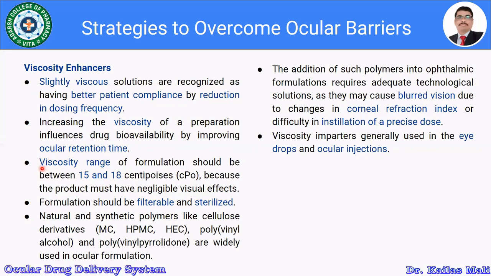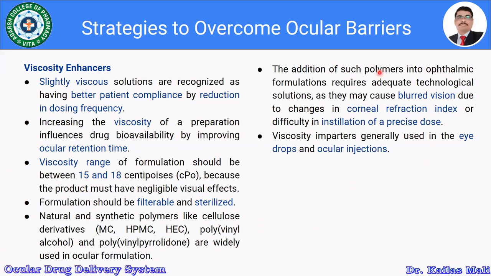Whatever formulation is prepared using viscosity enhancers should be filterable and easily sterilized. There are natural and synthetic polymers widely used as viscosity modifiers, like cellulose derivatives, methyl cellulose, hydroxypropyl methyl cellulose, hydroxyethyl cellulose, then polyvinyl alcohol and polyvinyl pyrrolidone in the ocular formulation.